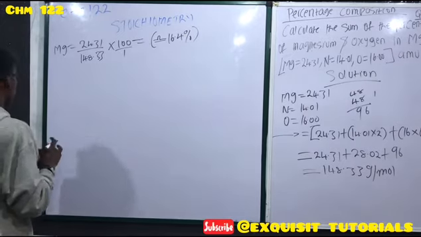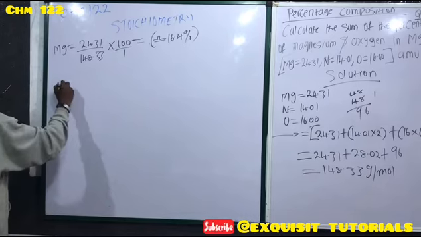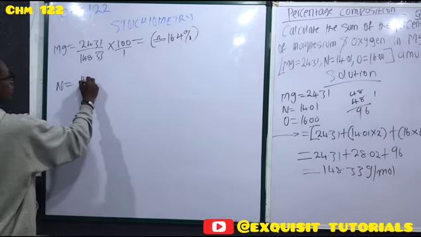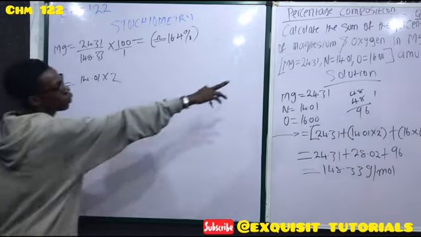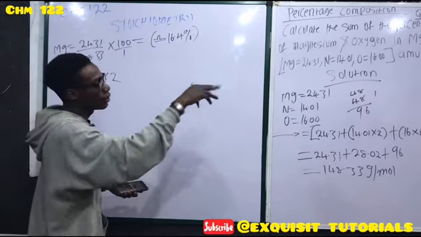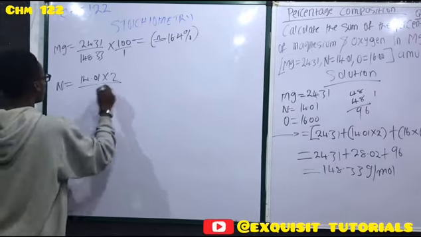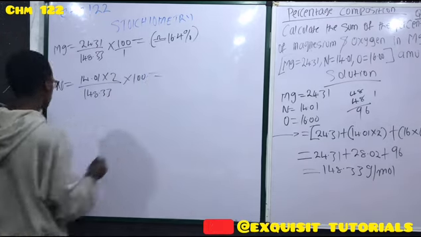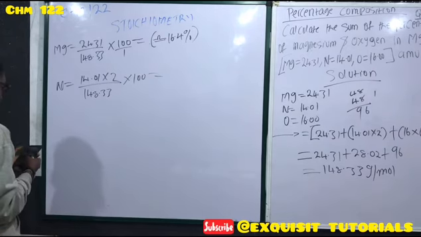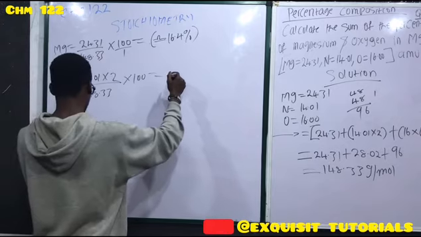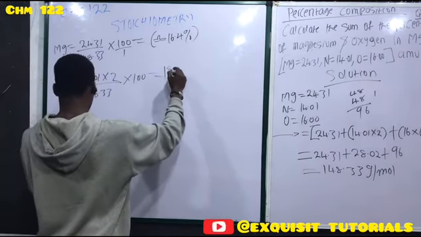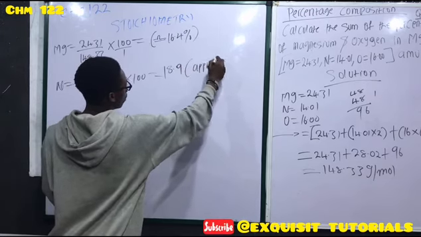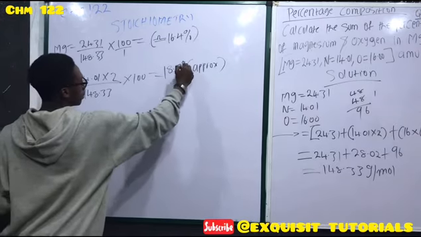Now we have that of nitrogen as 14.01 times 2, since we are having nitrogen as N with the subscript 2 here, over 148.33 times 100, which will give us 18.9, an approximate value in percent.